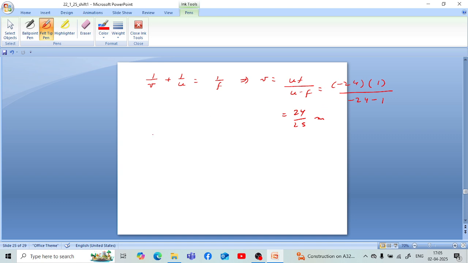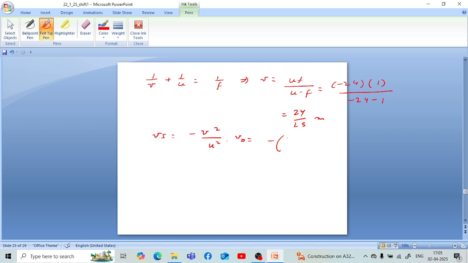Now, vi can be calculated from the formula which we have derived earlier, that vi is equal to minus v² upon u² into v naught. Now, v we have calculated, the value of u is minus 24, and v naught is the object speed, which is 25 meter per second, which we have calculated.